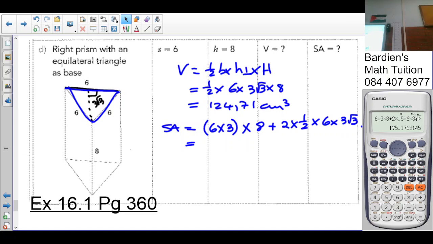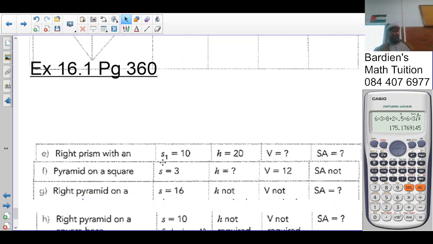That gives 175.2. Units squared in this case. I don't know why I wrote centimeters cubed in the previous one. It should have been units squared, because there are no units given there.